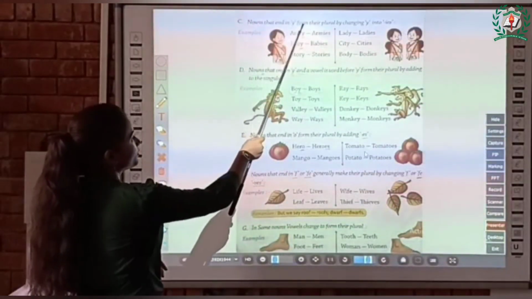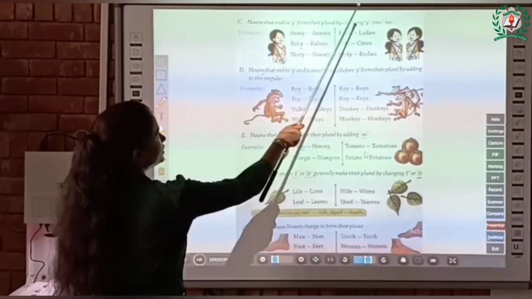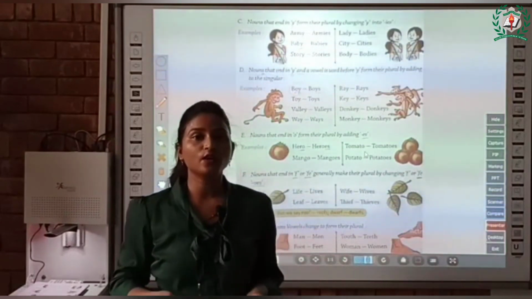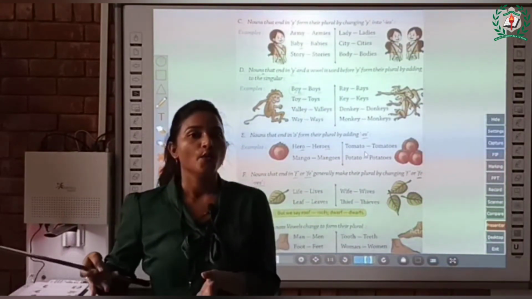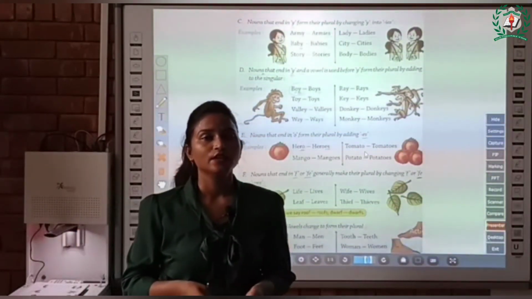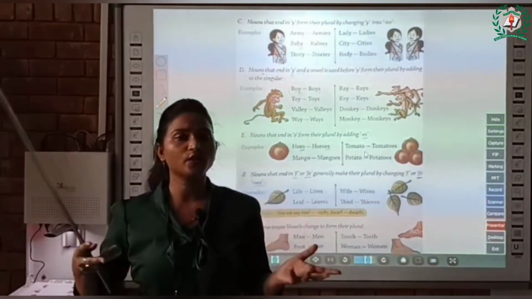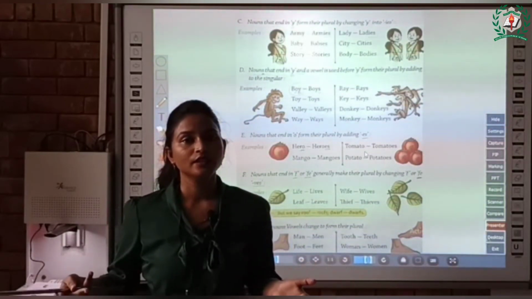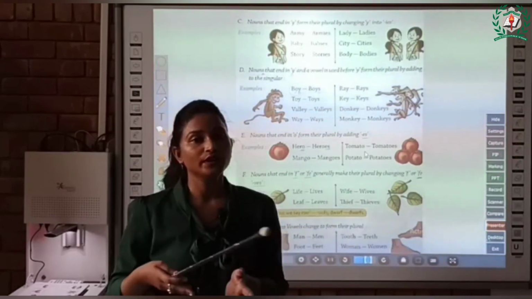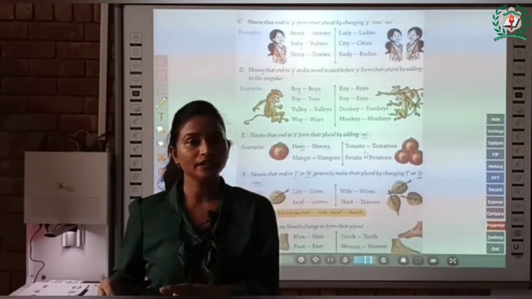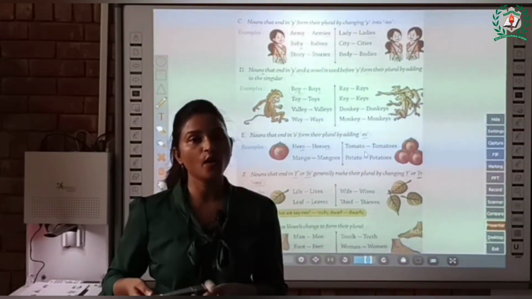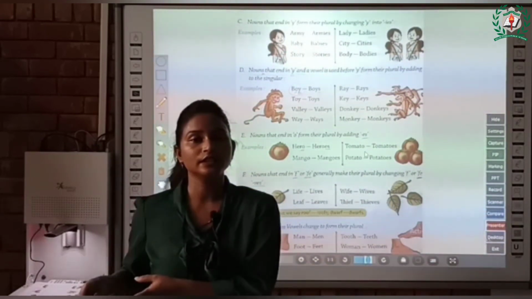Look at rule number 3. Nouns that end in y form their plural by changing y into ies. So for nouns that end with a consonant plus y, we remove y and add ies. So children, do you know what consonants and vowels are? We have already studied it. There are 26 letters in the alphabet. The letters A, E, I, O, U are vowels.